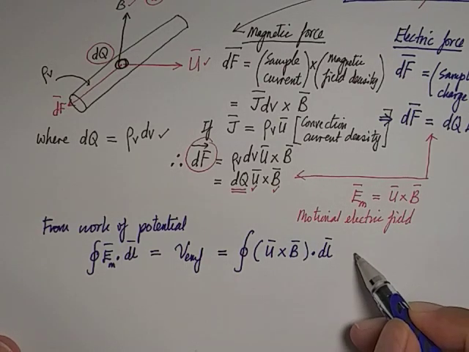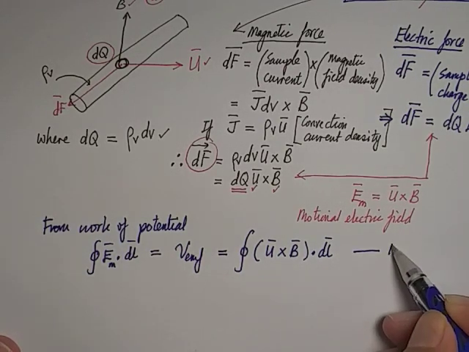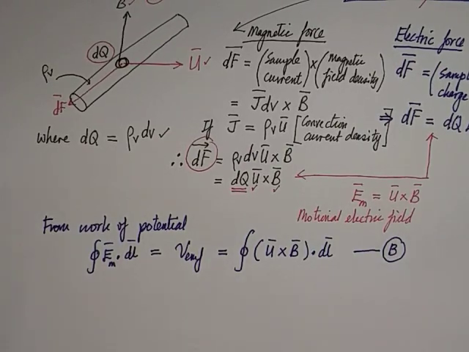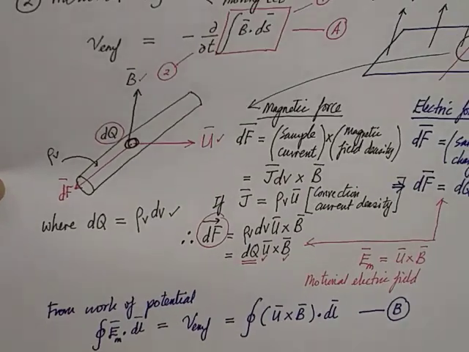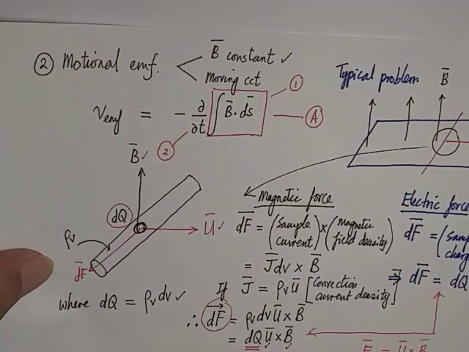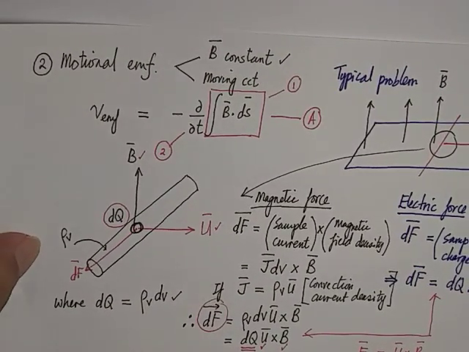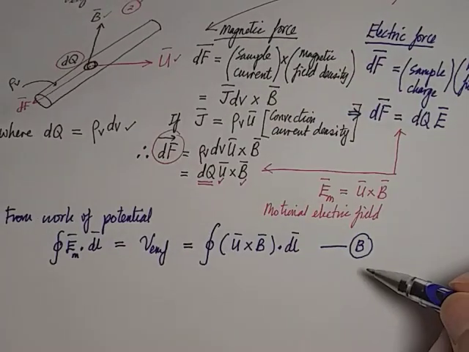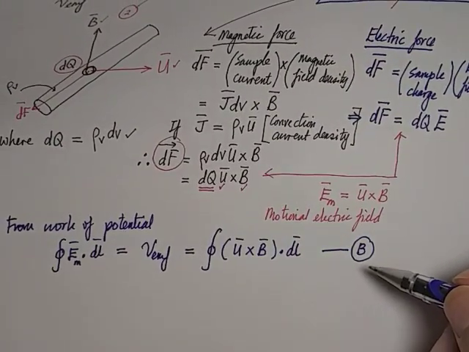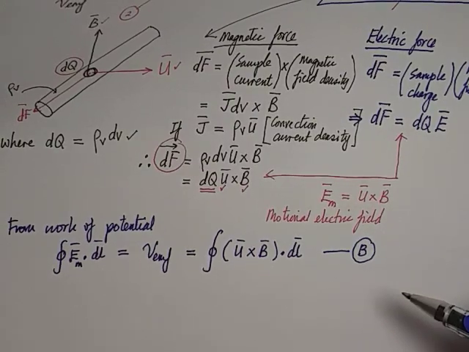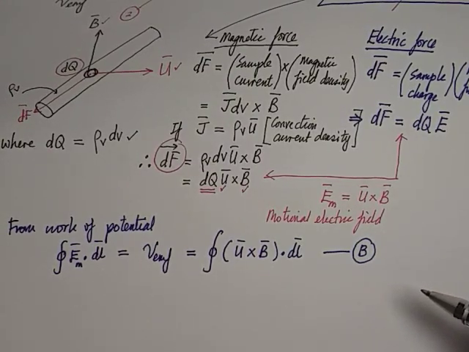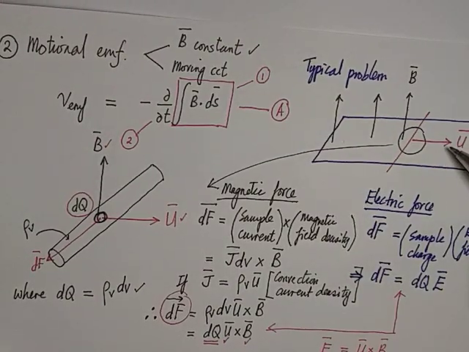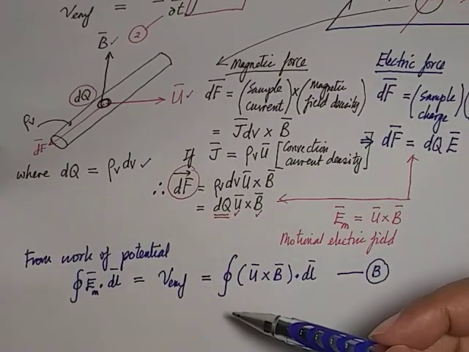This is known as equation B. As a summary, when you want to solve for motional EMF, you can adopt two equations, either equation A or equation B, depending on the information given in the problem. Usually when the information contains U, most probably the best method to be used is equation B.